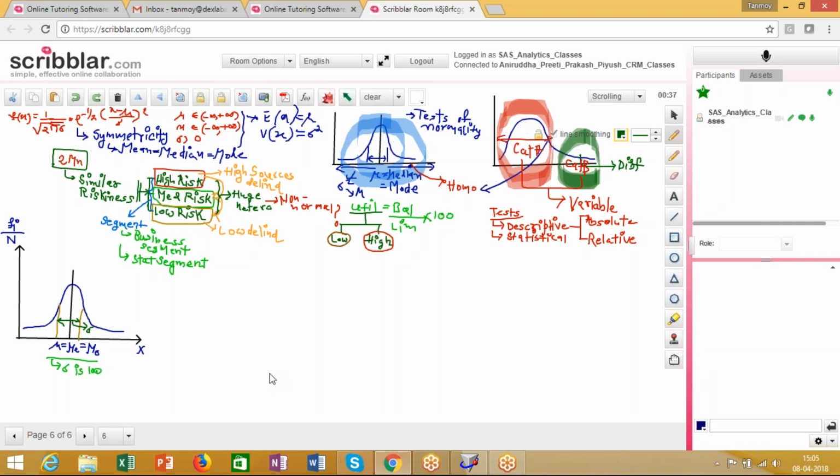Now comes the basic measures of descriptive statistics. We now come to the relative measures. If the distribution is symmetric in nature, then the median will be the midpoint of the first quartile and the third quartile.